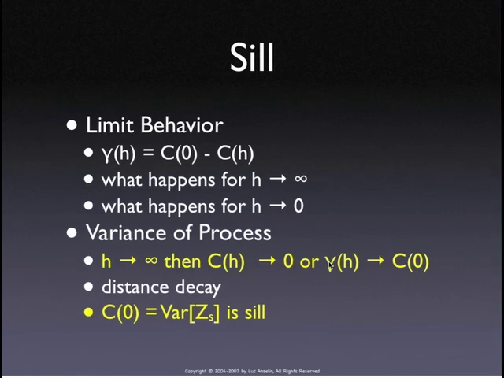As we said before, for all practical purposes, they become uncorrelated. For all practical purposes, C of H becomes 0. So if C of H becomes 0, what is a semi-variogram? It becomes the variance of the process. This variance is called the sill of the process.